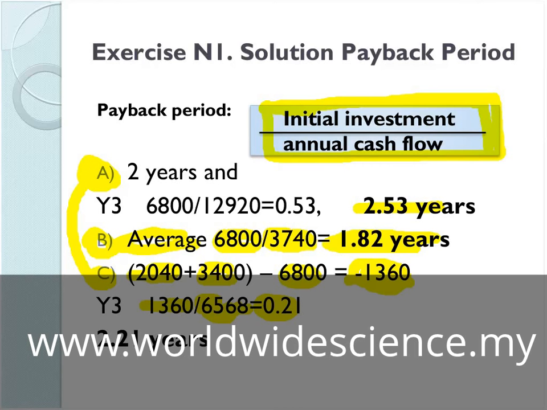After that, deduct the 2nd year. If you don't have enough money, you go to the last year, but you can't take the whole value of the last year. To know how much you need from the last year, the 3rd year, you take the amount you need, 1,360, and divide it by the profit from the last year, 6,000. Then you will get how many months you need to close your costs in this 3rd year.